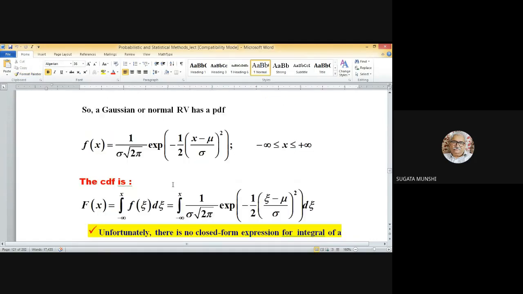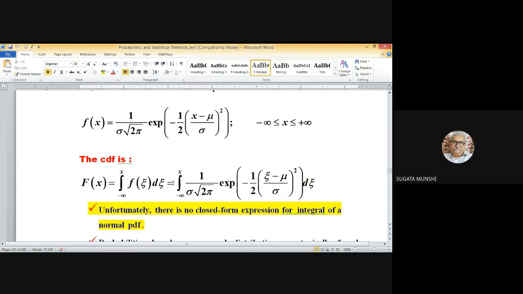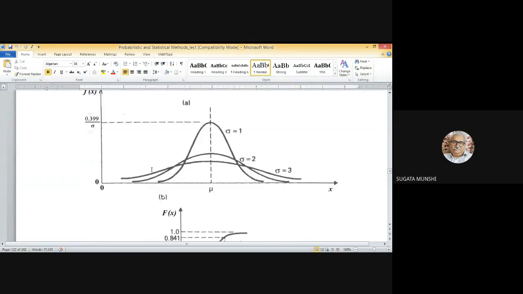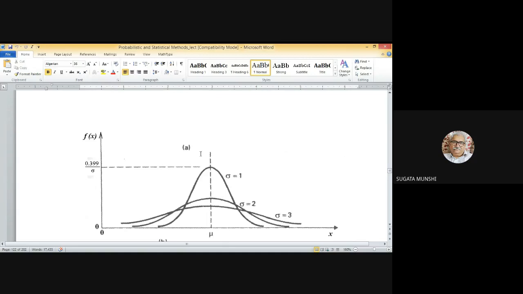Now, this is the nature of the density function for different values of sigma. You can see here that sigma determines the spread of the function, the width or breadth of this density function.